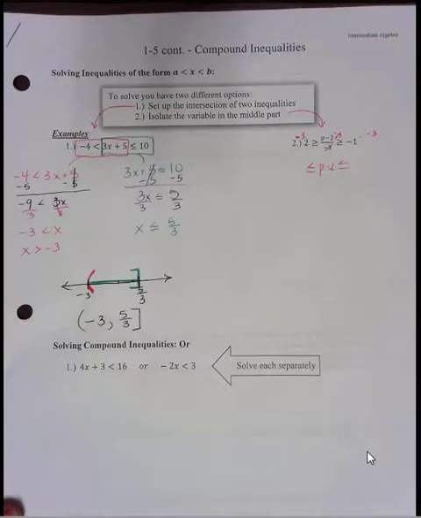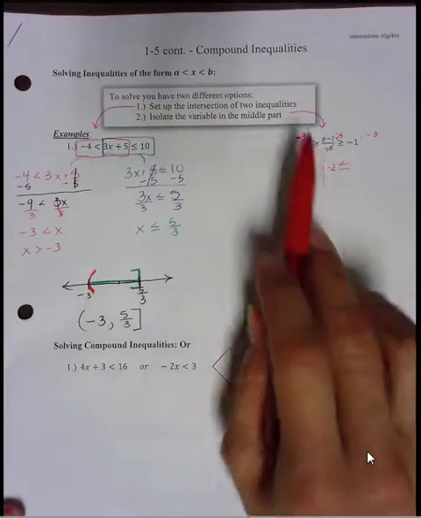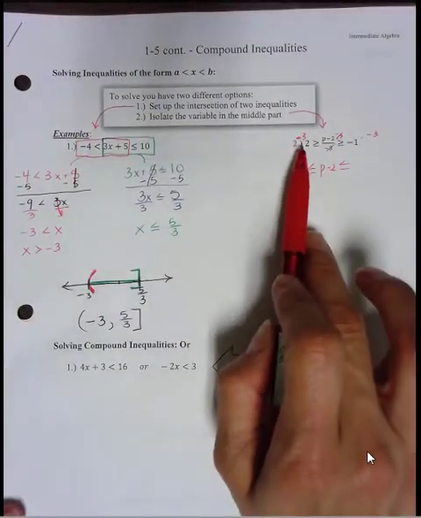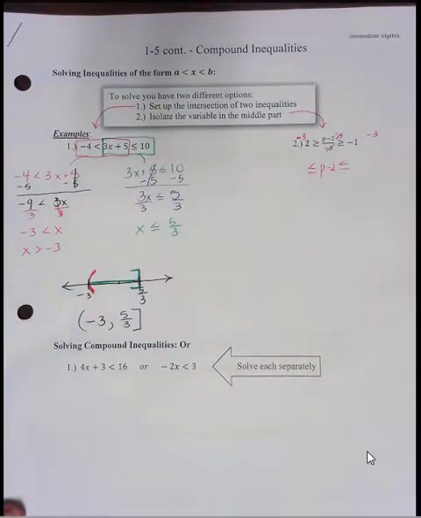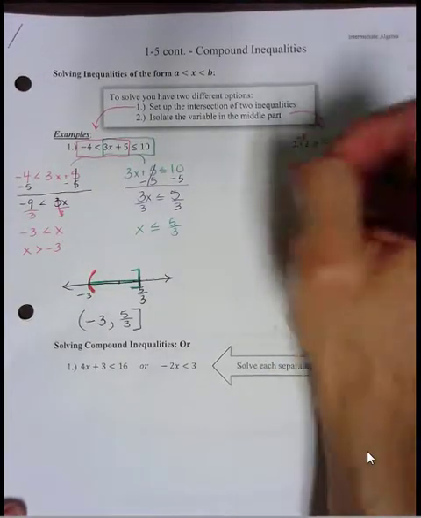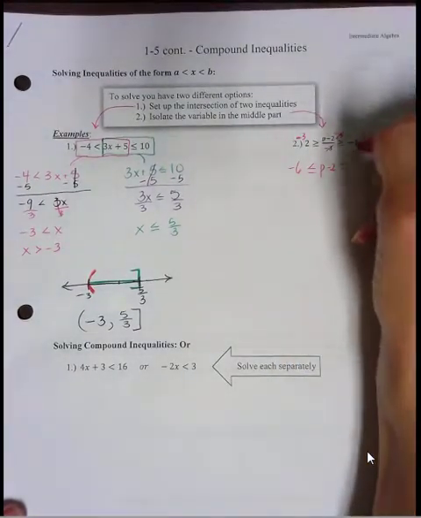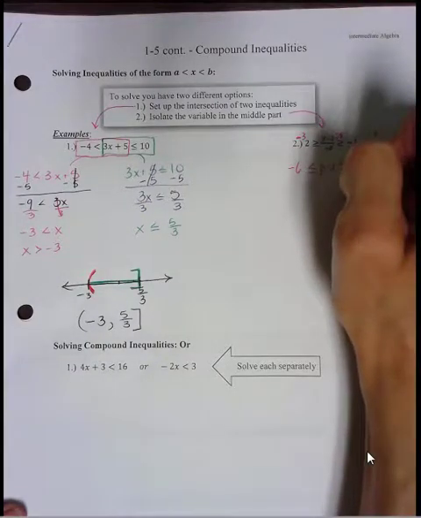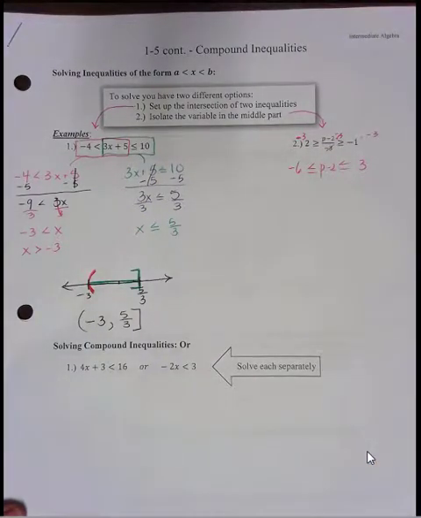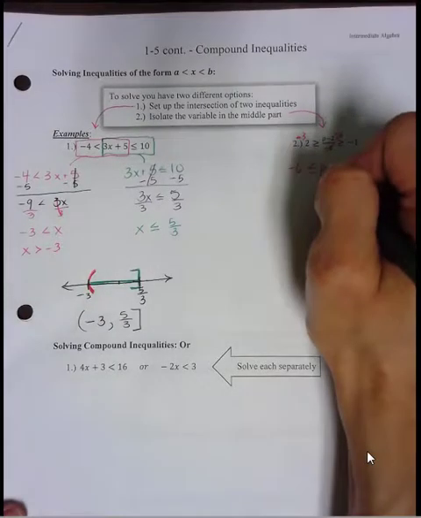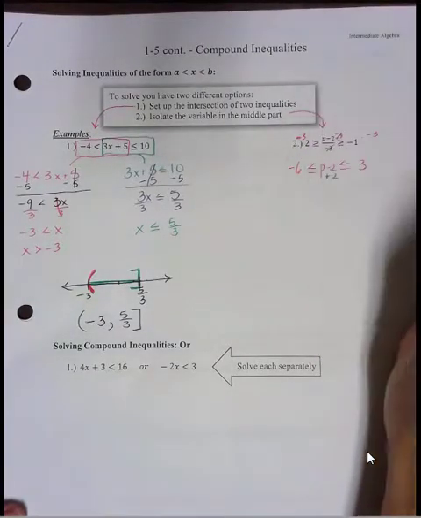That's the trickiest part about leaving them as one inequality, is that people forget to apply the operations to all parts of the inequality. So on this side I would have a -6, and then on this side I would have a +3. And then I would go ahead and continue this process of isolating the variable. So I'm going to add 2 to the middle to undo it or get rid of it.